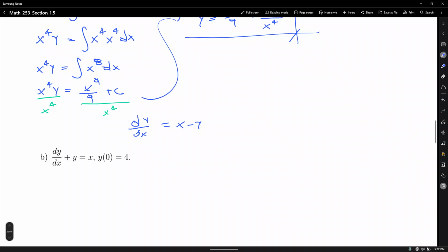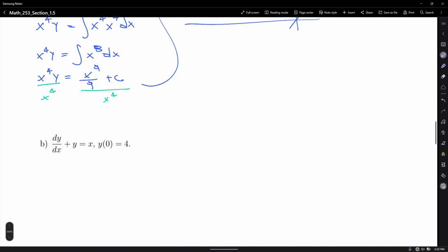Do you guys agree that this equation is not separable? The reason is that the right-hand side cannot be written as a product of a function of simply x times a function of simply y. We have a subtraction, right? But it's not separable. So that's why we need to use the integrating factor.